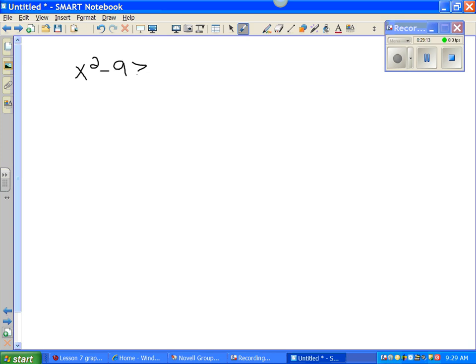X squared minus 9 is greater than or equal to 0. So first step is to do what? Factor it. So go ahead and factor it. That should be quick, right? I just wrote it down. X plus 3, x minus 3 is greater than or equal to 0. Good? Now what? So tell me what to write.